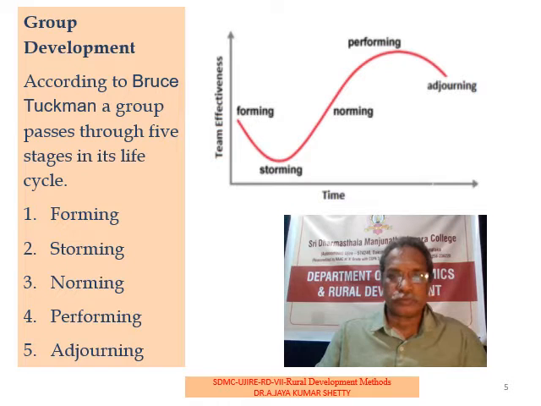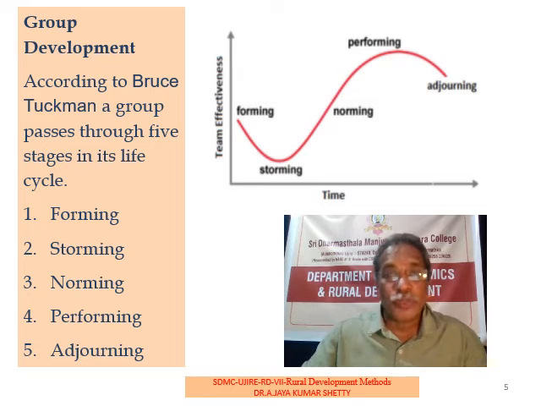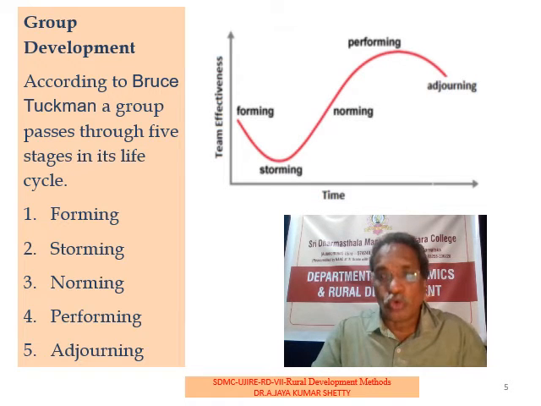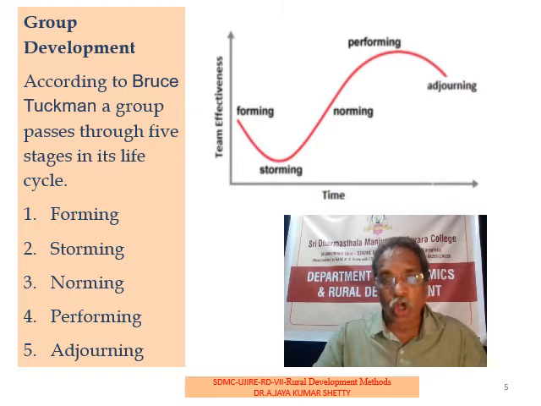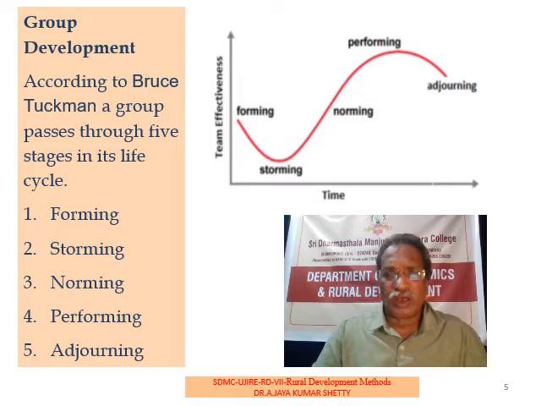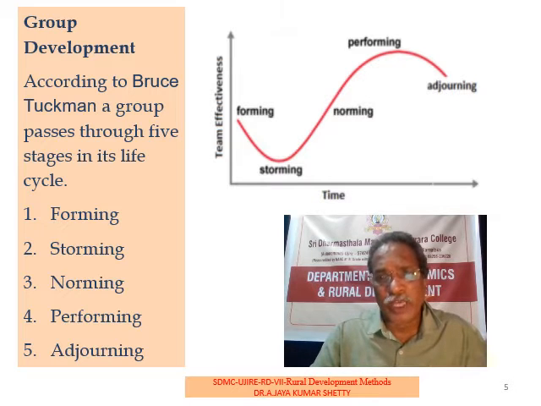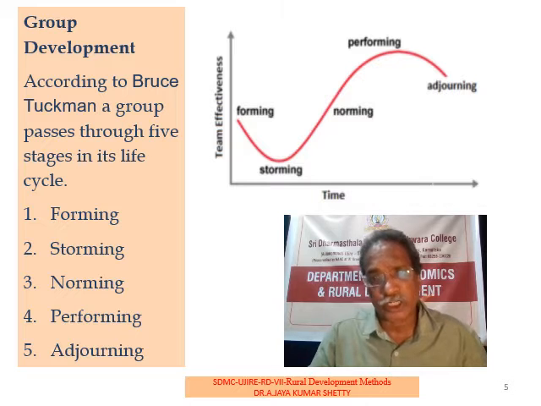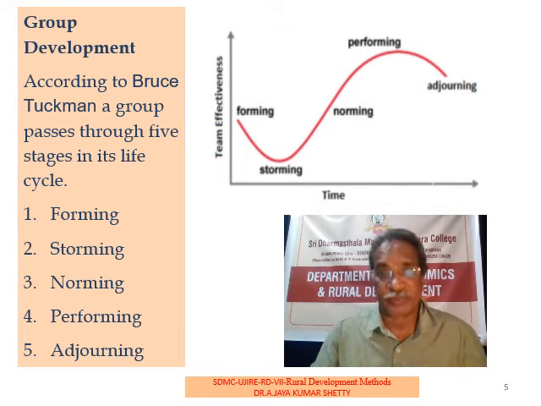A group is formed through the collective efforts of forming, storming, norming, and performing. It shows that the group has been successful in completing its predetermined objectives when it goes for adjourning.